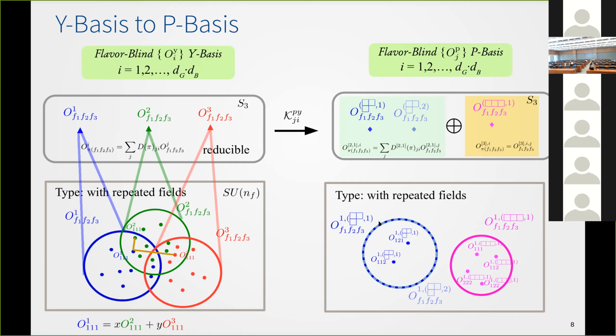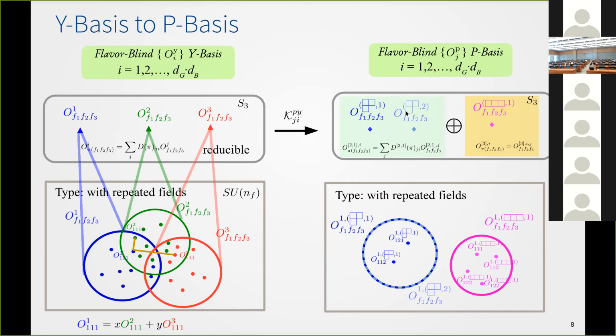And what we are going to do is to decompose this reducible symmetric group representation into a direct sum of irreducible ones. And the new bases are classed into different irreducible spaces of the S3 symmetric group, which are exactly the P basis operators we want.